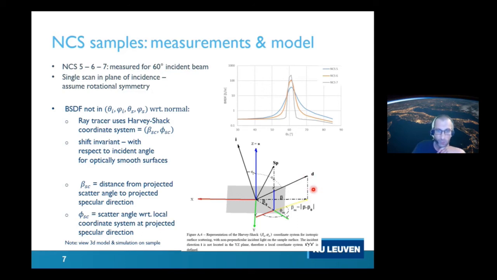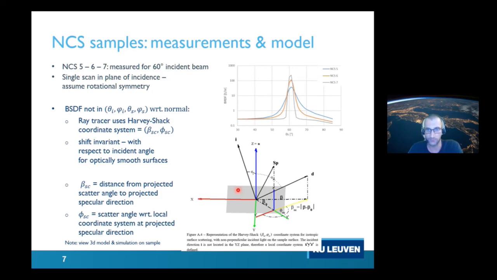So this distance is one coordinate, and then you have from the local coordinate system this azimuthal angle, which is a second coordinate in the coordinate system. So when we import this into our ray tracing model, we can do simulations again and see what the incident flux on our detector is, and then calculate the gloss units.